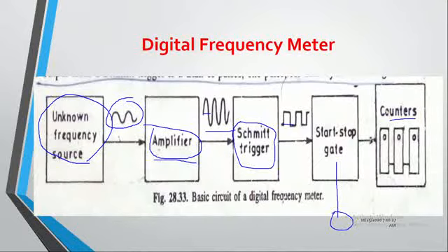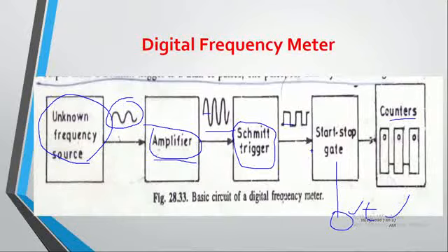This switch is controlled by the timer, meaning I am using a control signal, and that control signal decides how long you would like to feed the pulses as an input to the counter, so that the counter counts the number of pulses. Suppose the time period t elapses, after this time period the switch automatically opens.